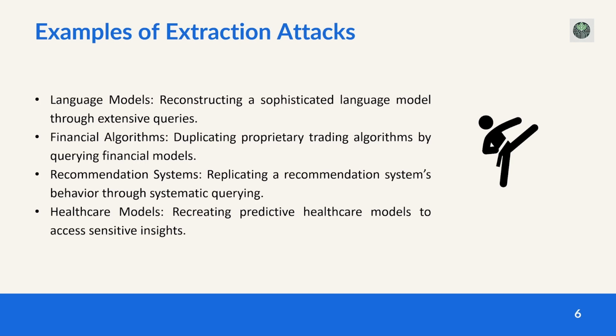Recommendation systems like those used by online retailers or streaming platforms are also very vulnerable. Attackers can replicate the system's behavior by submitting a series of queries. And in healthcare, predictive models can be reverse engineered, potentially allowing access to sensitive health insights.